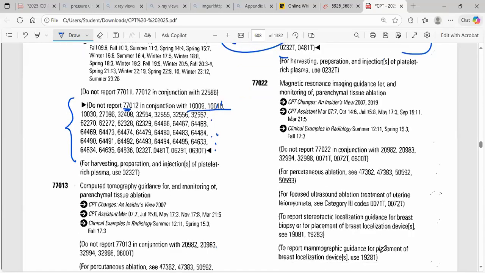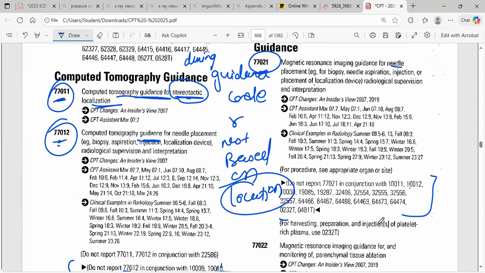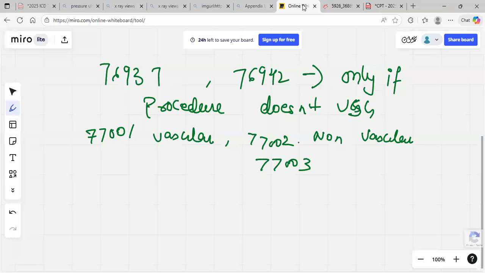Ma'am, when do we have to use these guidance codes other than the normal codes? I am not able to understand. Okay, we have to use the guidance code when it is performed intraoperatively. Intraoperatively means, let's say, the doctor needs to do the removal of the breast cancer.